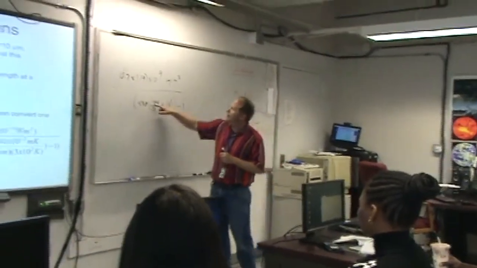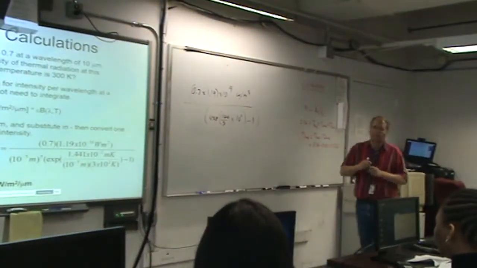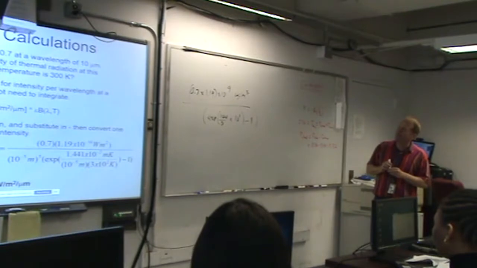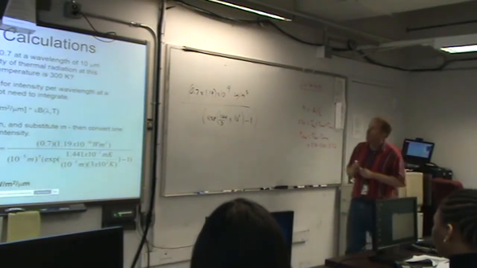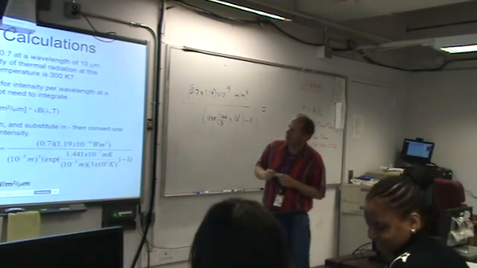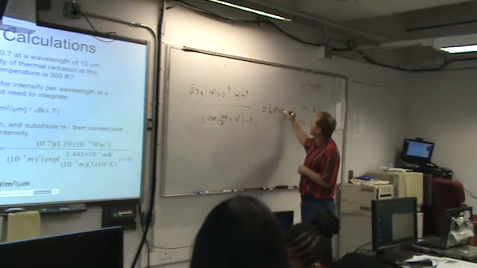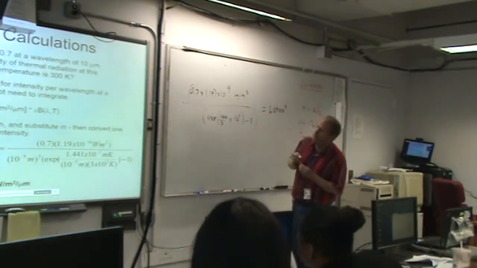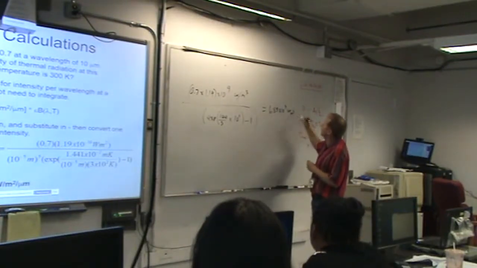This is a constant, that's a constant. That was the A and the B. So you put that in your calculator and you're going to get 6.89 times 10 to the 9th watts per meter cubed.